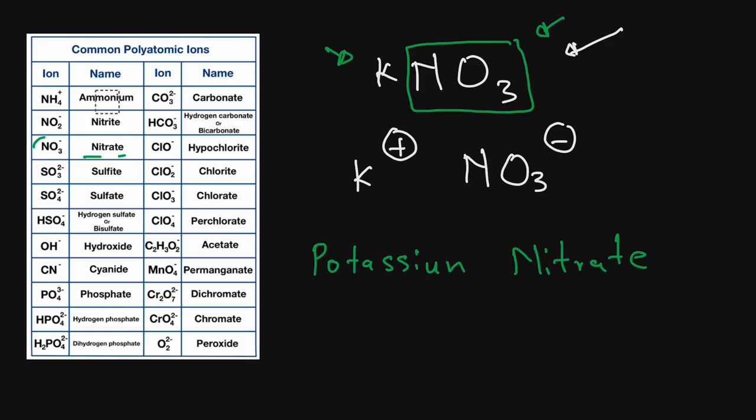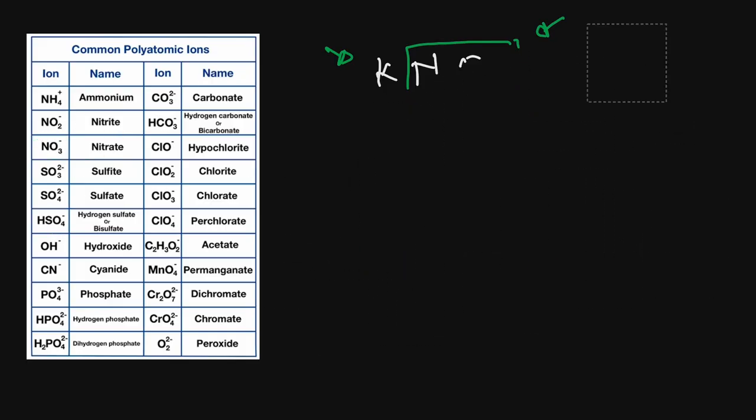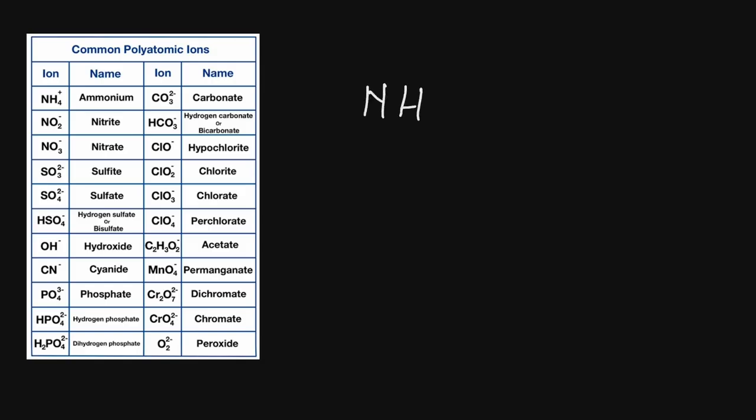For example, we can also have this polyatomic compound. We have ammonium with chlorine. If you look at this, we have a polyatomic ion as the first element.